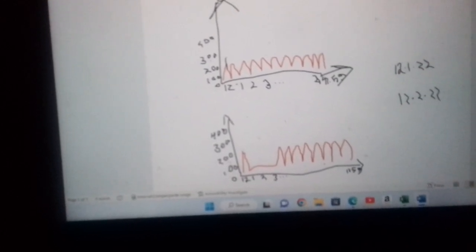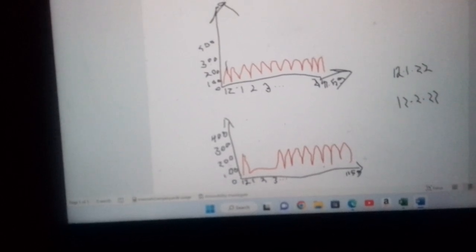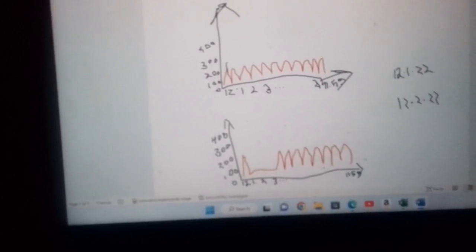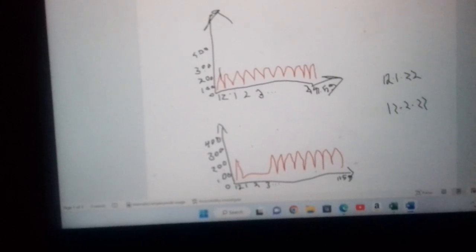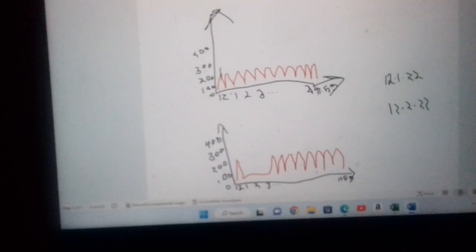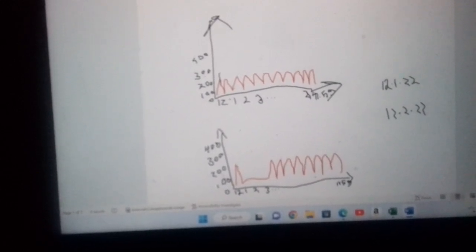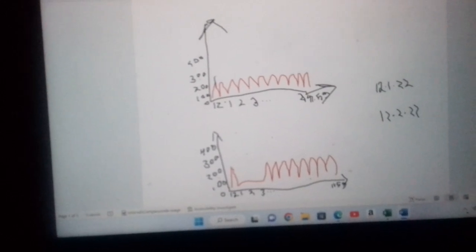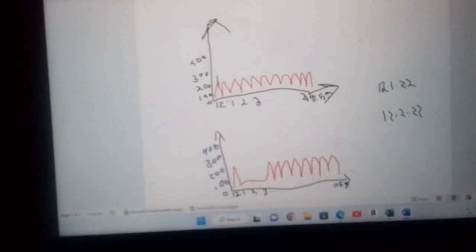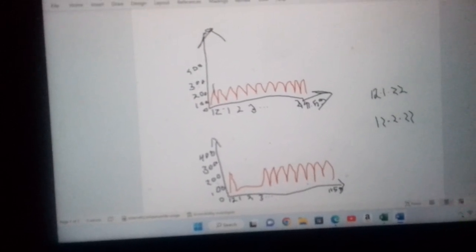So if we take the points from 1 a.m., we will find that in this graph the points are increasing, and on the other hand, if you check this other graph, there is a straight line.